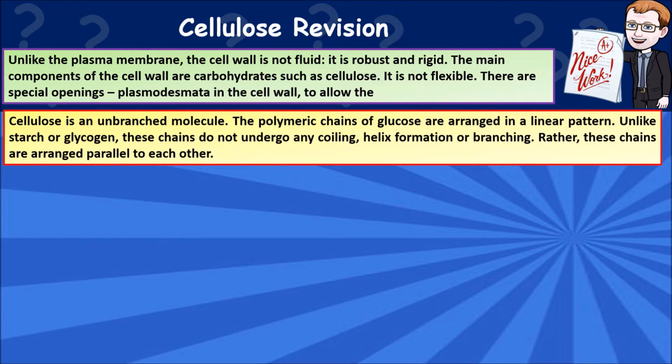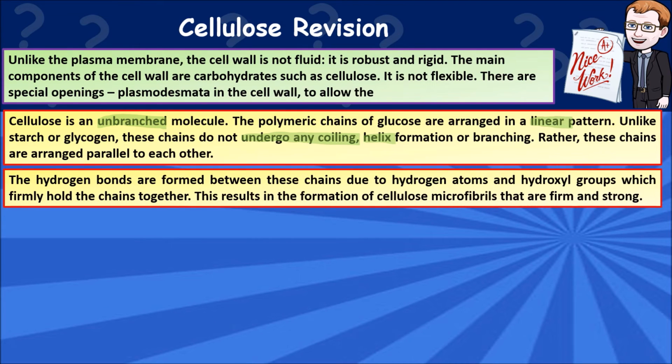Cellulose is, quite importantly, an unbranched molecule. The glucose units are arranged in a linear pattern, unlike glycogen or starch, for instance. These chains undergo no coiling, and they don't form a helix or any other branching formation. Hydrogen bonds are formed between these chains. Due to these hydrogen bonds, which hold it together, it is very, very strong.